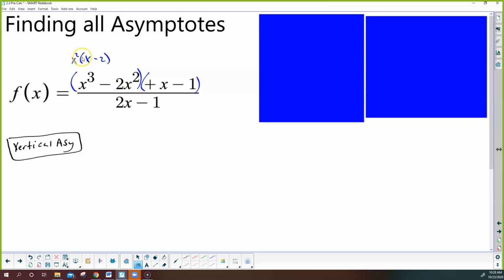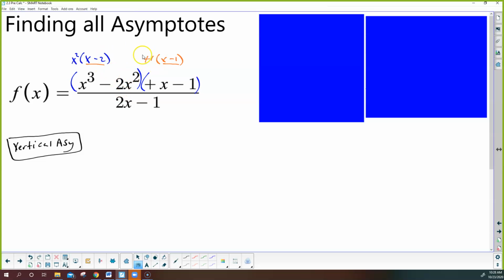So that's what would be left over if I took an x squared away from those. And then over here, the only thing I could officially pull out is a 1 from each one of those. But the only way factor by grouping is going to work is if these two have a common factor that I can pull out. And since it doesn't factor by grouping, this numerator cannot factor.